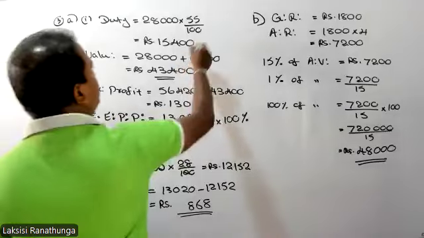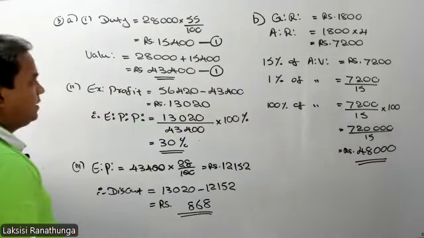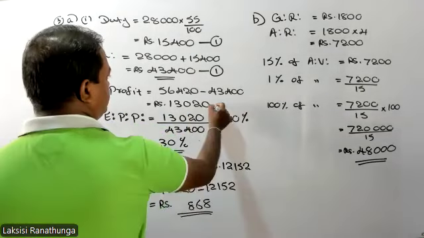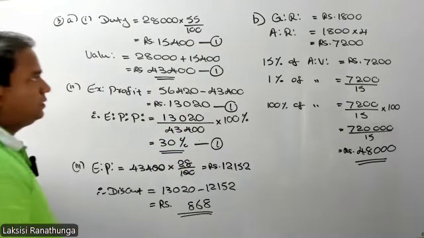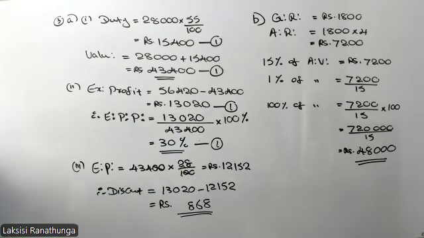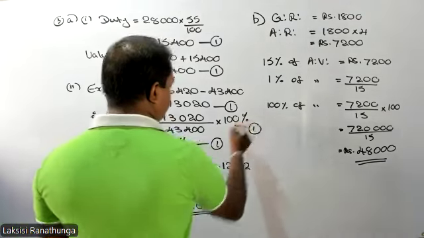Then marks. Part A, number 1, 2 marks. Number 2, make it 3 marks.